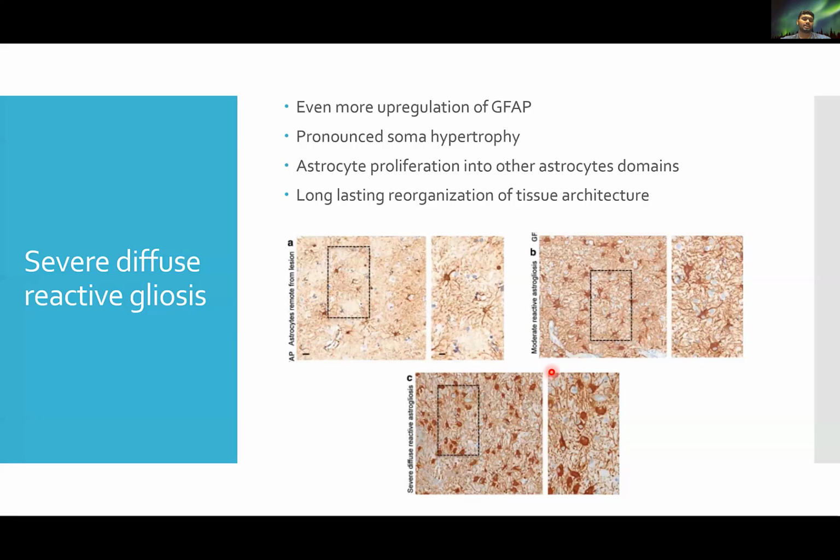And finally, in this case of severe diffuse reactive gliosis, we can see very massive hypertrophy of these cell bodies that are very close together because of this proliferation, and there's significant overlap in the processes of these astrocytic domains, which can cause this long-lasting reorganization of tissue architecture.